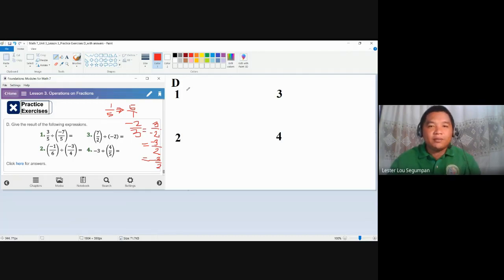So let's talk about number 1. 3/5 divided by negative 7 over 5. Instead of using the division process, we could simply transform the division process into a multiplication process. Because multiplication of fractions is very easy, as you multiply numerator to numerator, denominator to denominator.